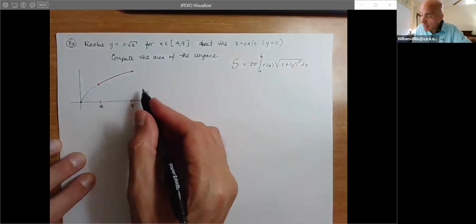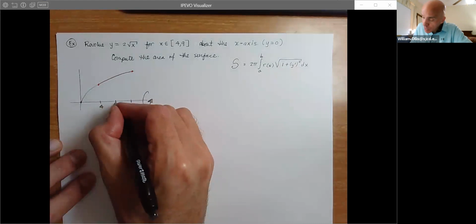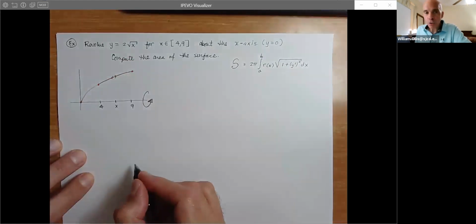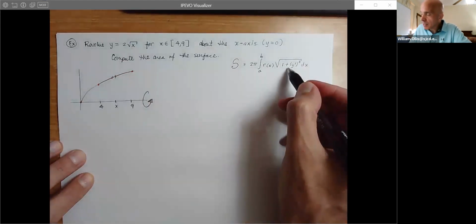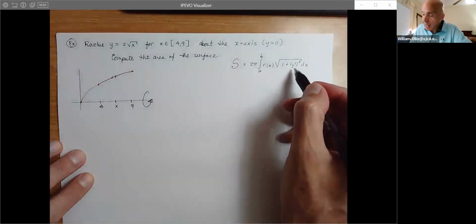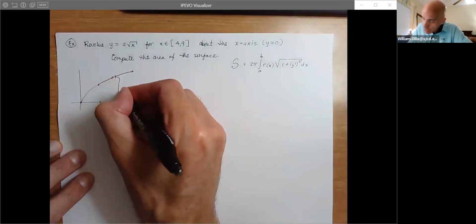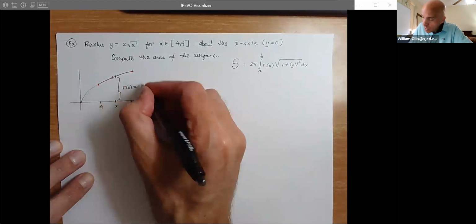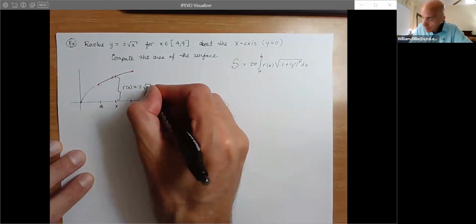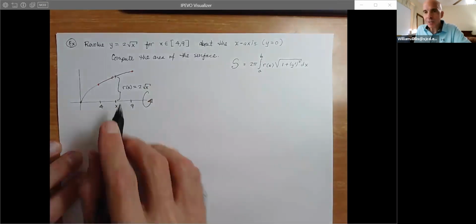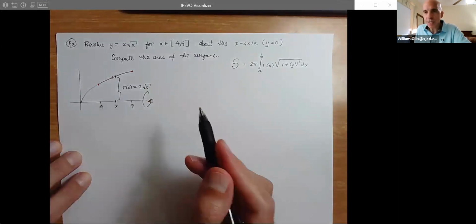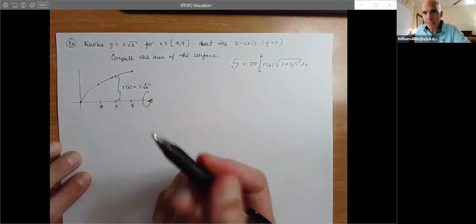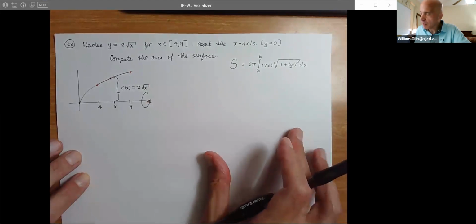Notice if we pick an x, we're revolving that little piece right there. So that is where the element of arc length comes in. And then the distance to the axis of revolution in this case is just that of the function. So we just have 2 root x. A lot of times, like when we did the shell method, the distance was just the independent variable. So we don't really have to work very hard for this. The problem is tailor-made for this procedure.